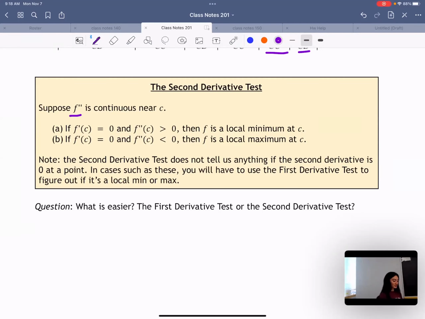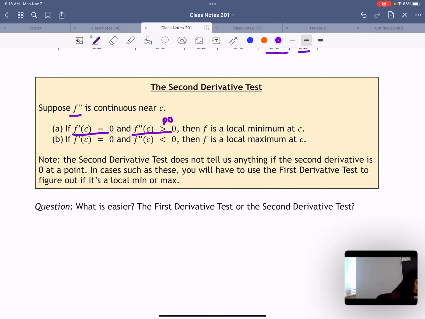Let's say the derivative is equal to 0 at this point, so it looks like a critical value, and the second derivative is greater than 0. So we're concave up at that point. Then we definitely have a local minimum at C.